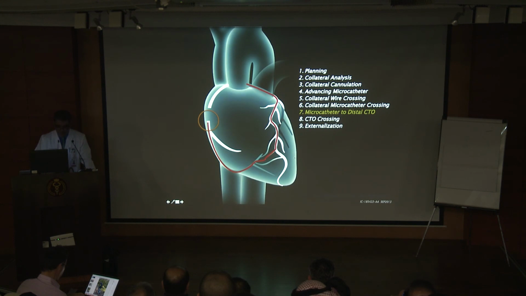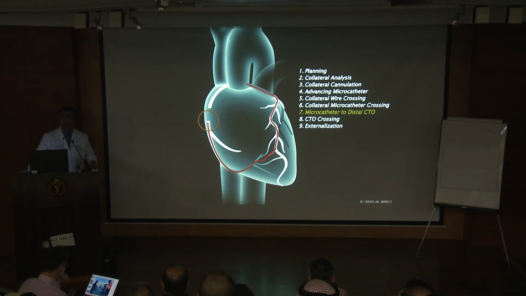So now we have the wire in the distal cap, we have the microcatheter in the distal cap. Then your question is, now you're coming retrograde, what is your next step? Are you going to cross the lesion with the wire? That's the wire case. What we're going to call that is retrograde wire escalation, compared to antegrade wire escalation. If it's a very short lesion retrogradely, you can actually finish the case with just wire escalation.